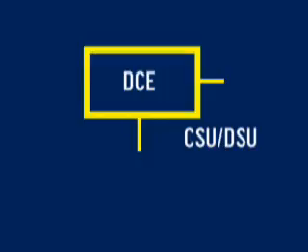The CSU/DSU is a hardware device about the size of an external modem. Its primary job is to convert digital signals received from the router into a form needed for transmission over the telco provided line. The CSU/DSU is an example of data circuit terminating equipment, or DCE.